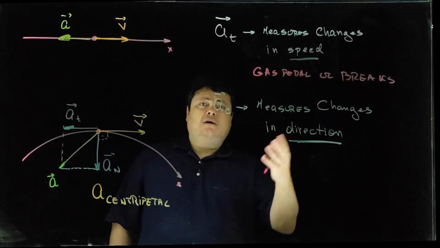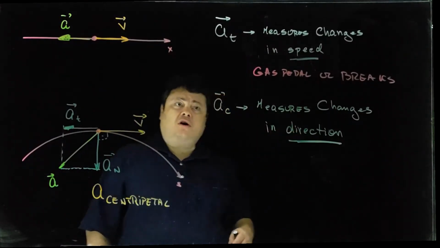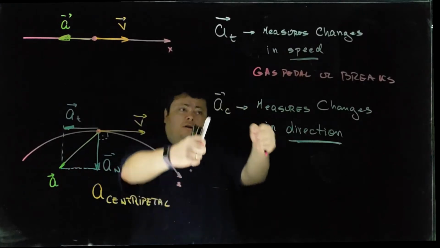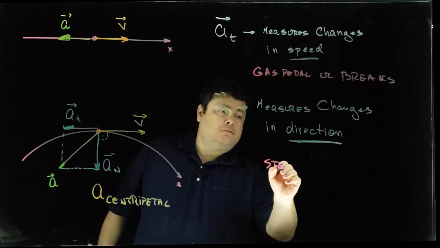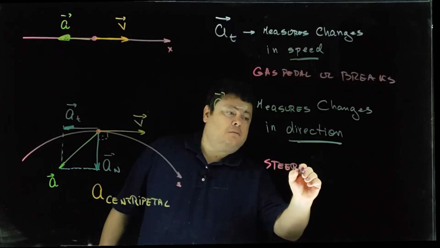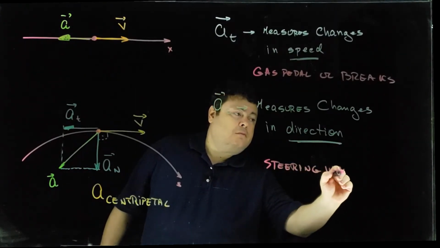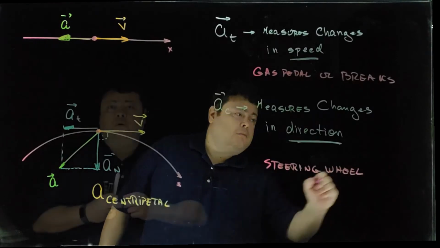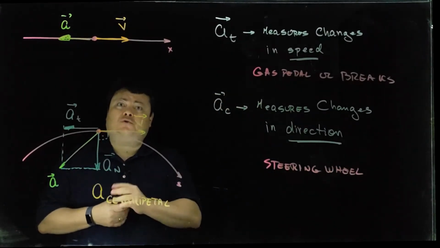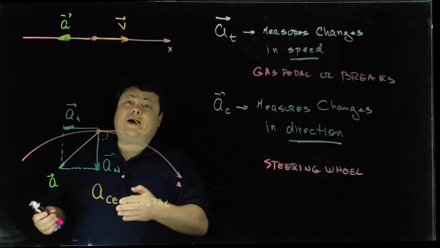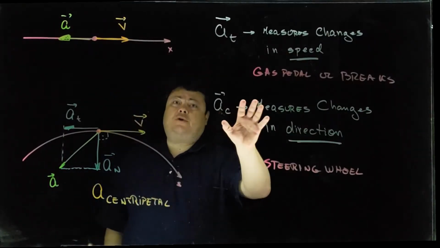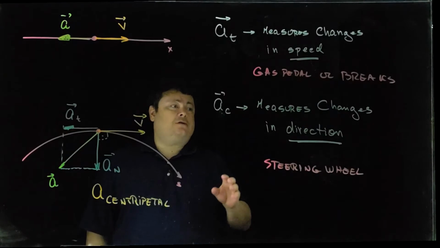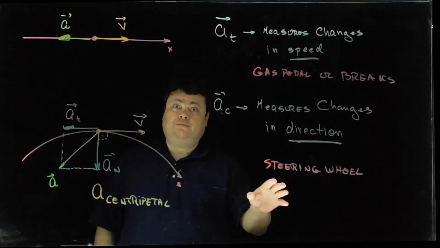And to change the direction of motion of your car, you need to turn the steering wheel. So the steering wheel will actually then cause me to change the direction of the object. The centripetal acceleration is what we want to focus on now.